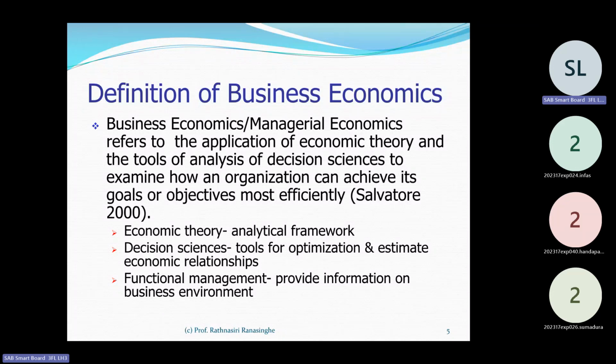We are going to apply the economic theory with the use of some tools, because we have to take decisions. We need to incorporate decision sciences tools, those tools provided by other subjects, maybe statistics and mathematics, right? If you have mathematics and statistics, you may understand those analytical tools, right?